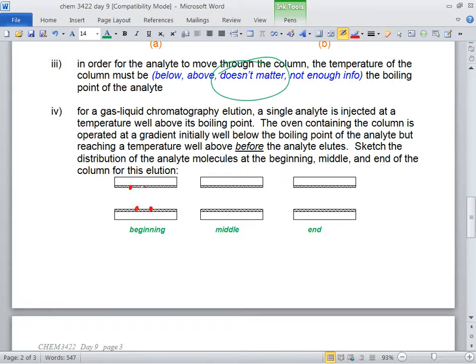Now I wouldn't draw them all there, because if you draw them all there, it's not moving. You're not showing that there's anything in the mobile phase. So draw one or two. And then in the middle, have a few more. In the end, have all of them in the mobile phase. Something like that, or whatever you think is appropriate.